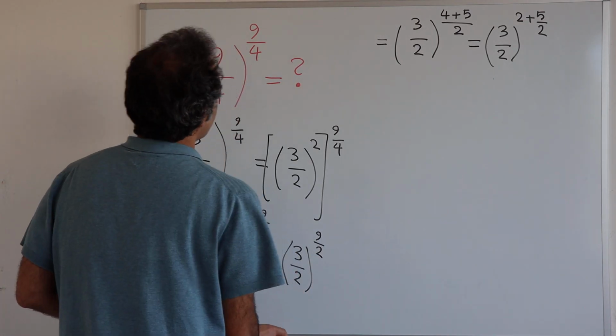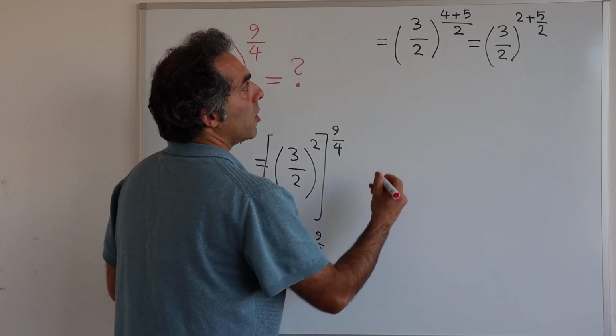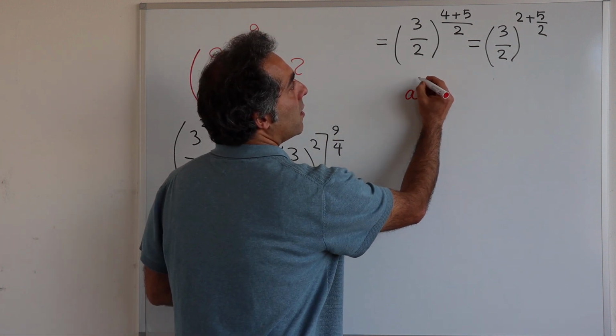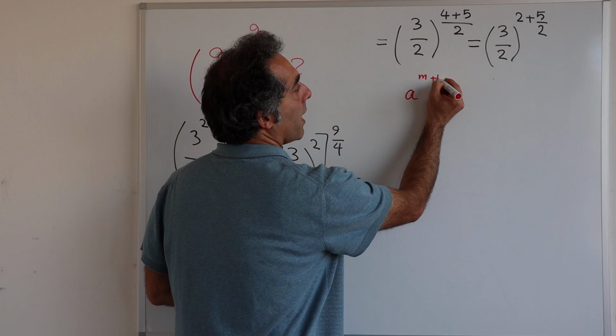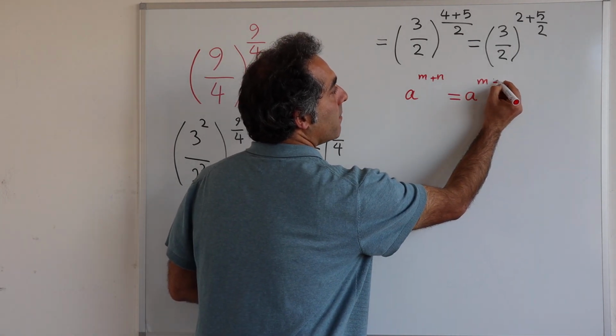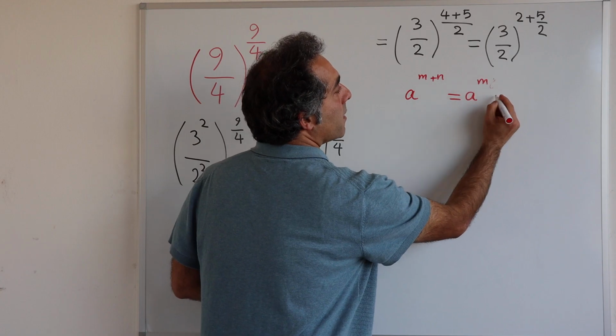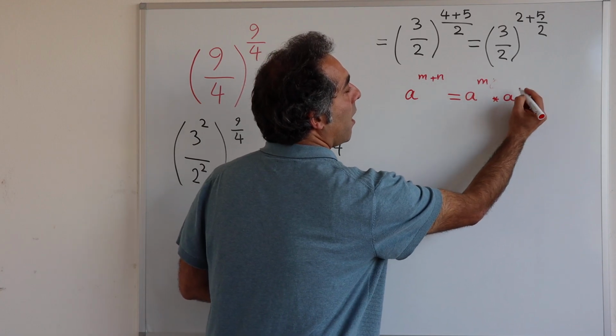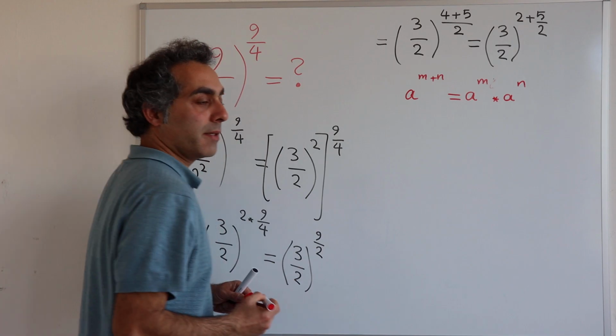Okay, when you have a number to the power of the summation of two numbers, I can write a to the power of m plus n as a to the m times a to the n.